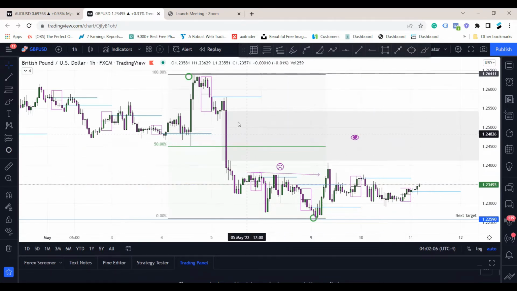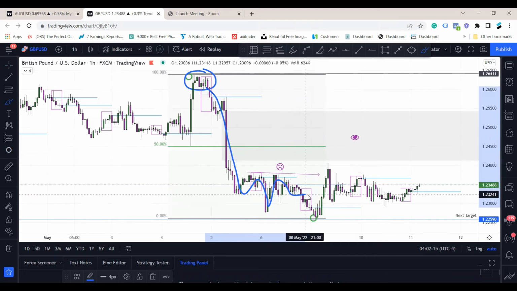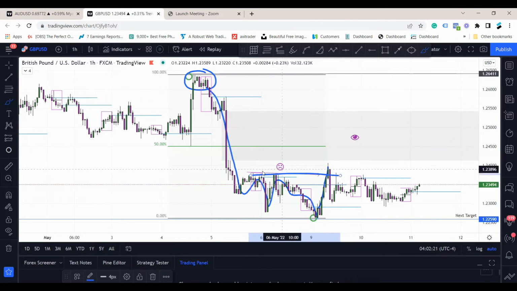Now, if we look at this swing, we have a high here and the price dropped. You see what the price is doing? It is ranging. It is creating stop hunting, taking out all the bullish buyers, and now it's creating liquidity once again.